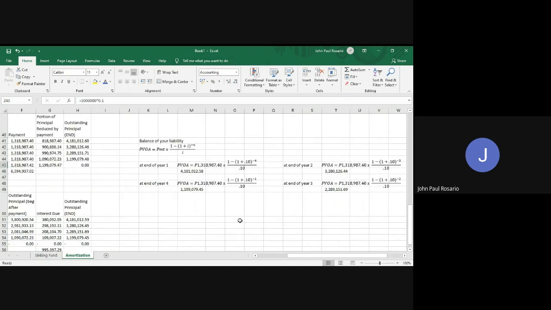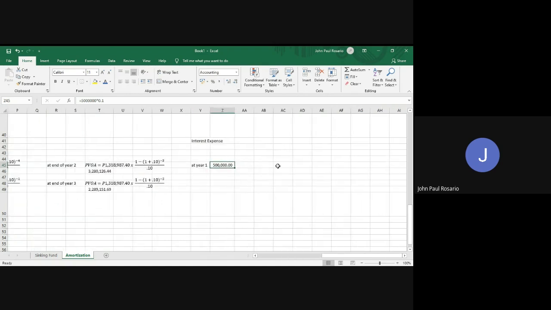While on year two, for example, the basis would be the balance at the end of year one. That's your basis for your interest expense.